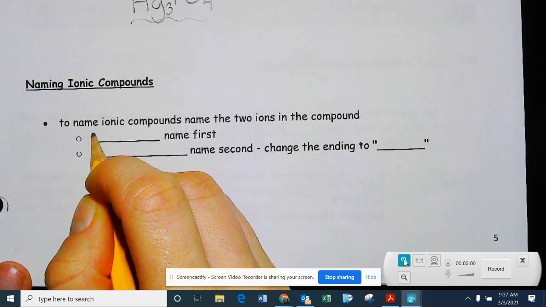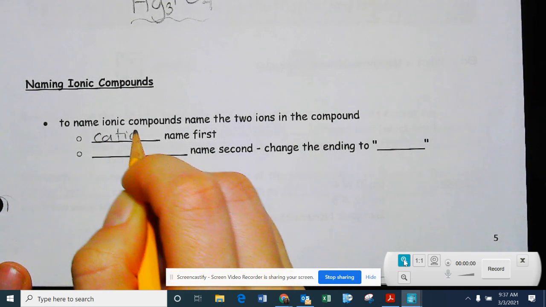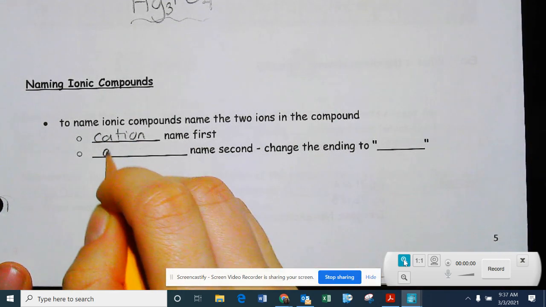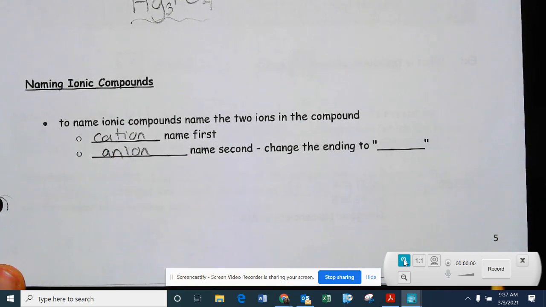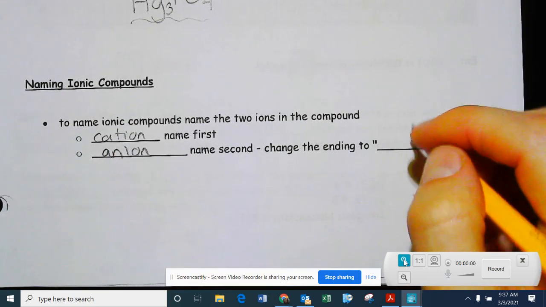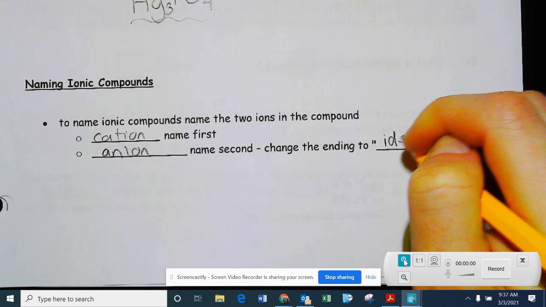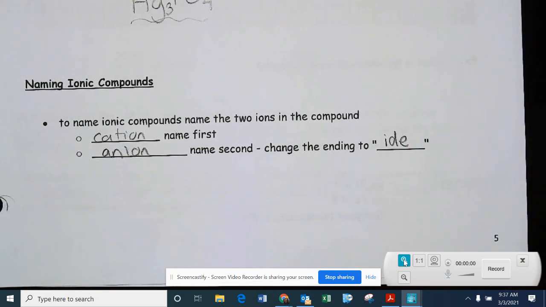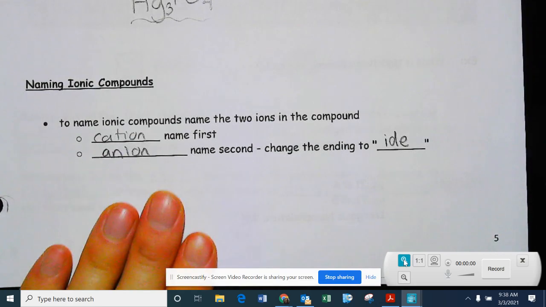So we always write the cation first and the anion second. And then we change the ending of the anion to IDE in simple ionic compounds, which means when there's just 2 elements, 1 cation and 1 anion. As you all saw, when we're working with polyatomics, we do not change the endings.